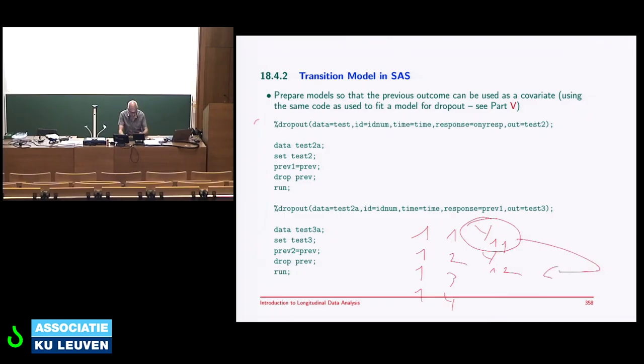So what this macro does, we also use it in the context of dropout modeling, so that's why it's called dropout, is it actually makes the previous measurement descend one line so that we can use it as a covariate. And if we are going to use a second order, we have to apply this twice. That's all.